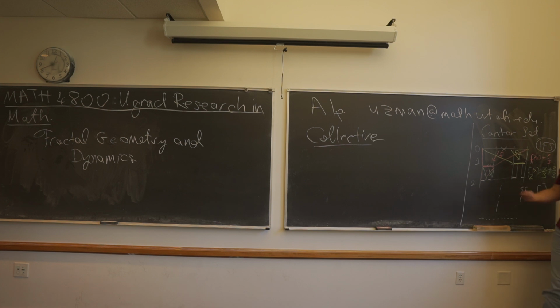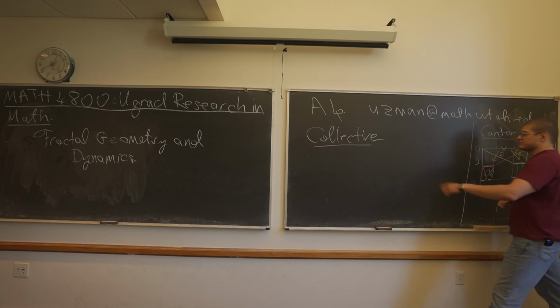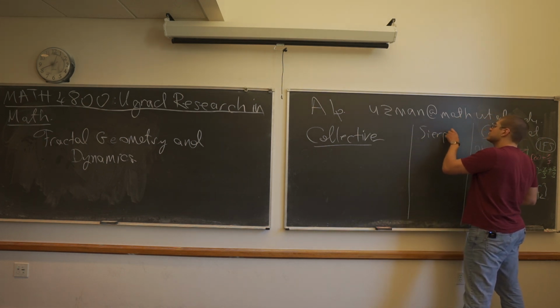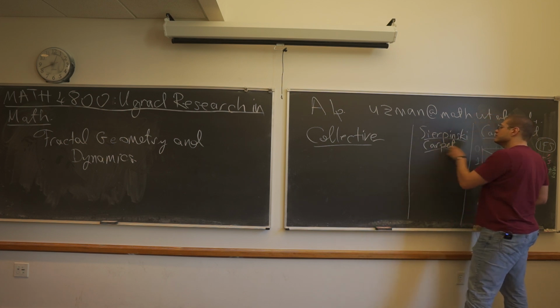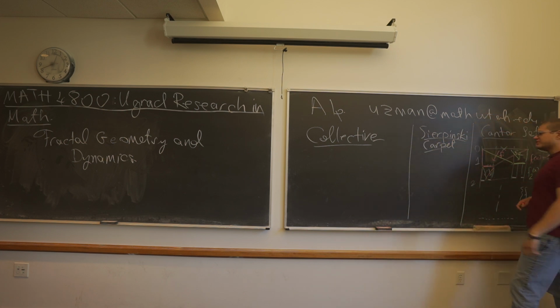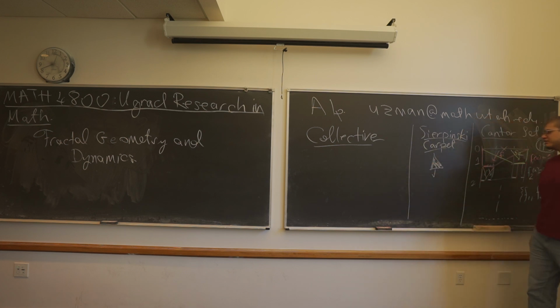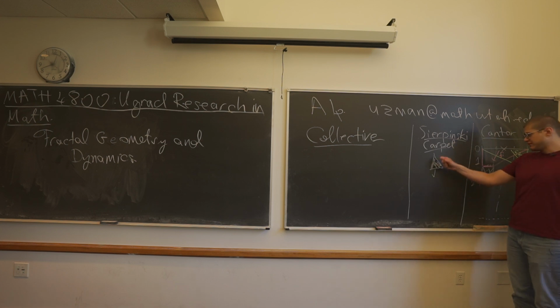And there are, of course, other examples, there's this triangle example, for instance. Let me just write it here. Sierpinski carpet, I think, is the name. And it's the same idea, except that this time you start with a filled-in triangle, and then at the next step, what you do is you sort of divide it into smaller triangles, get rid of the middle piece, and so on.